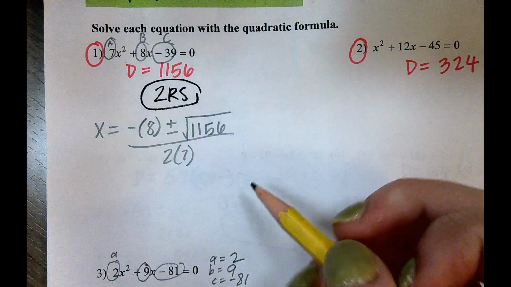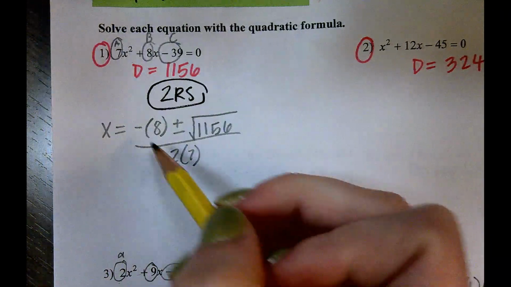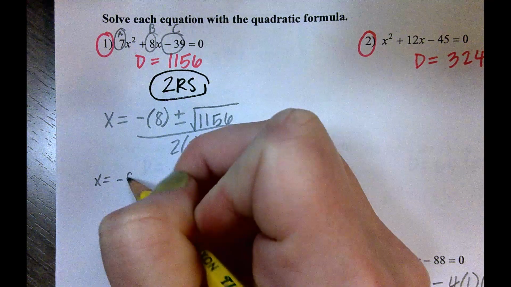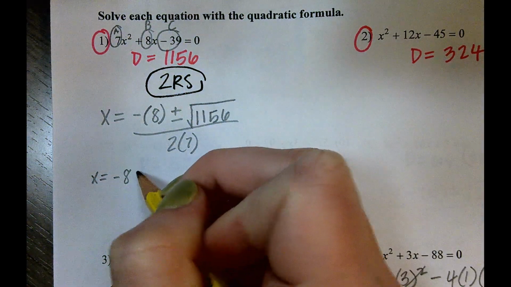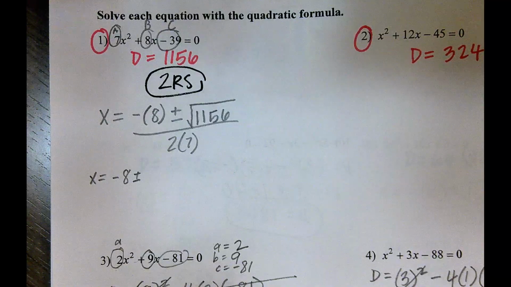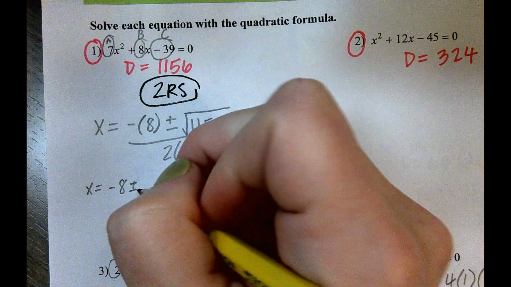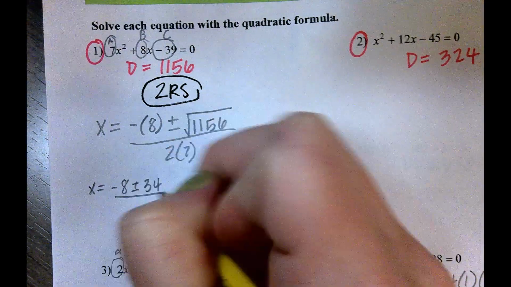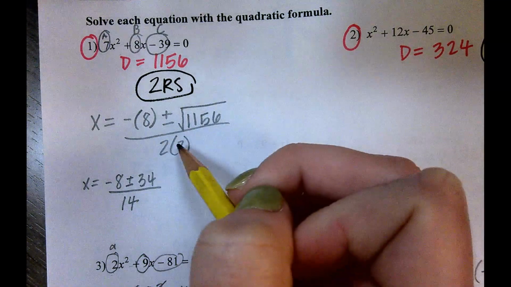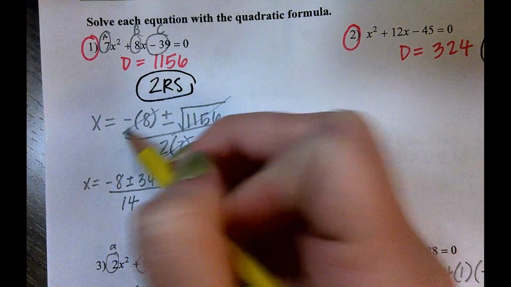Then I made the 8 a negative 8. Good. So x equals negative 8, and then plus or minus the square root of 1156, which is 34. Good, 34. And then over 14. Then I multiplied 2 times 7. Perfect. I love that you explain why you got those numbers.